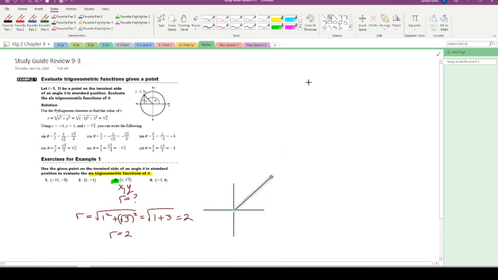Then we're going to draw a right triangle. So we're going to draw another line straight down here, and then we are going to make that a right triangle.